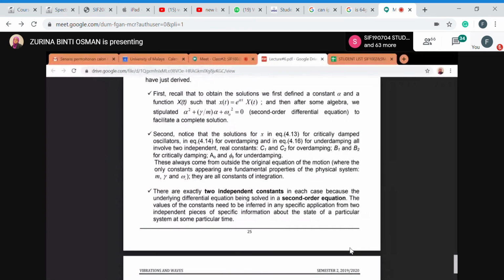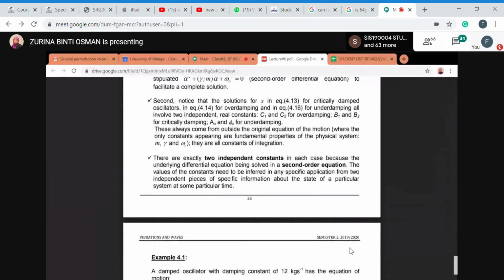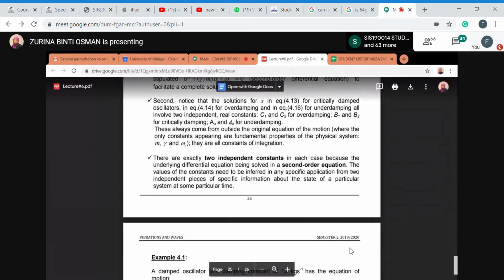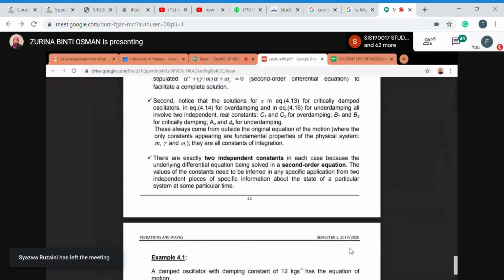So there are exactly two independent constants in all of equations 4.13, 4.16 and 4.14: C1, C2, B1, B2, and also A naught and alpha naught. This is because the underlying differential equation being solved is a second order equation, so it is logical why we have two independent constants.